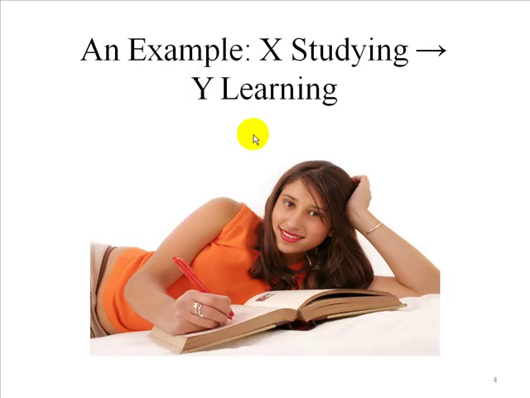Also, this is kind of a heads up on the type of project that people do for their efficiency initiative. So we're going to look for a few slides in this presentation, and then again in another presentation coming up very soon, at the example of, very generally speaking at this point, X studying leads to Y learning.